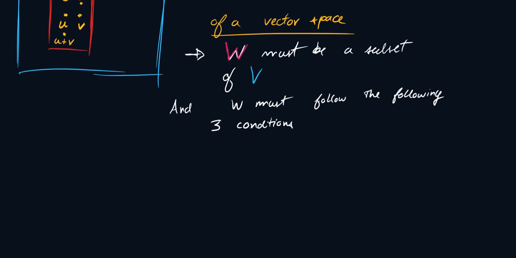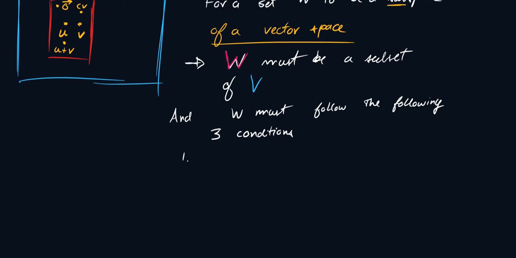My first one is that the zero vector has to belong to my set W. In other words, W cannot be empty. It needs to have something, and that something we've decided is the zero vector.